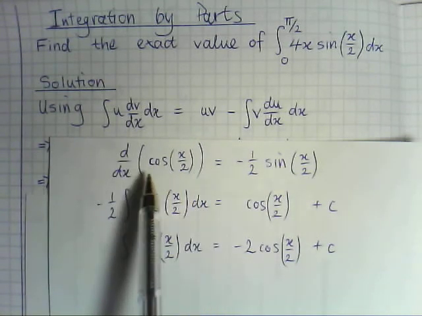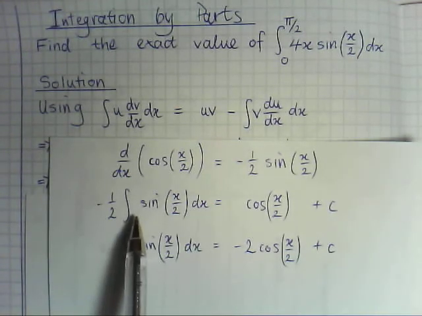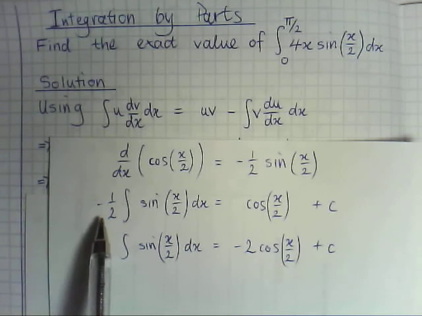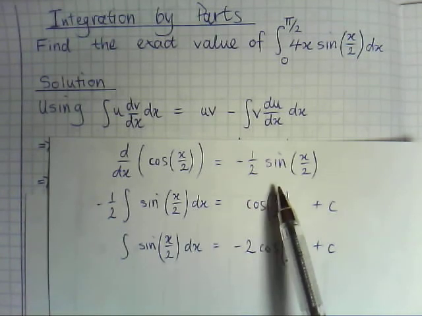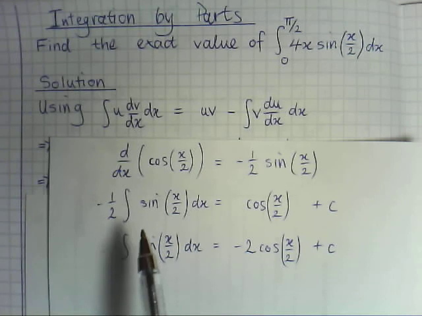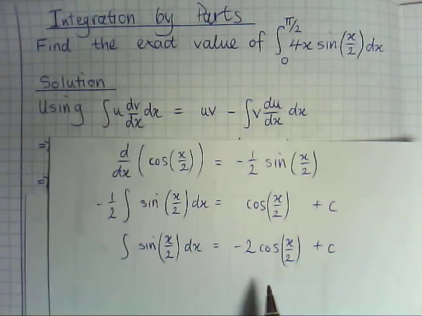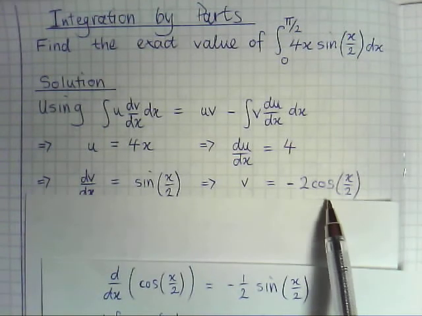So we integrate it, and what we can do is extract out the negative half outside the integration symbol to get cos x over 2. Well, if we just want to work out the integration of sine x over 2, we just multiply both sides by negative 2. And so that's our answer there. And that matches up with what we have here.